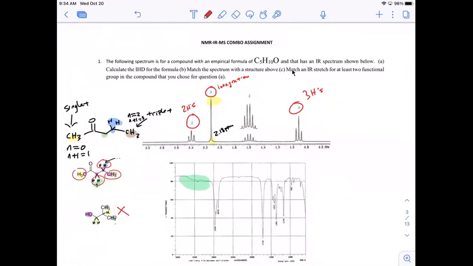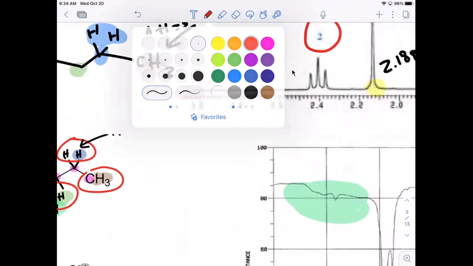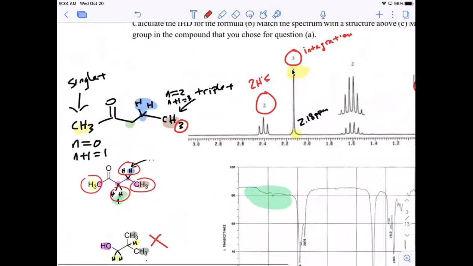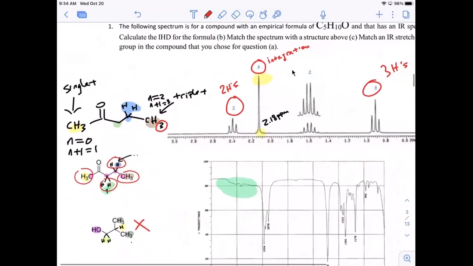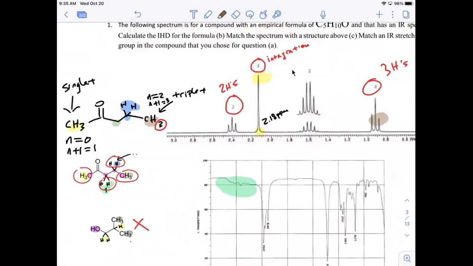The one at 2.4. Okay, look at the integration again now. This is a CH3, so that's 3 hydrogens. The one at 2.4 represents 2 hydrogens. So it's got to be this signal. It's further upfield, right? And the integration matches and the splitting pattern matches because it's a triplet. All right. Is it making sense?